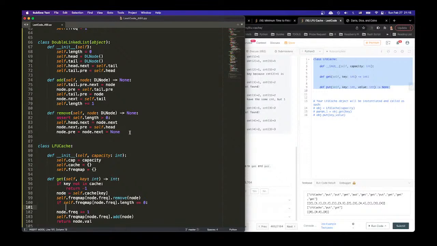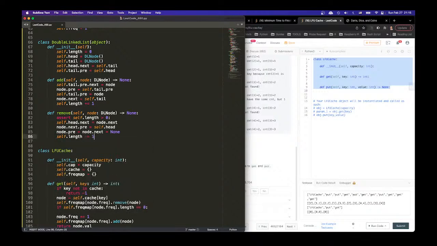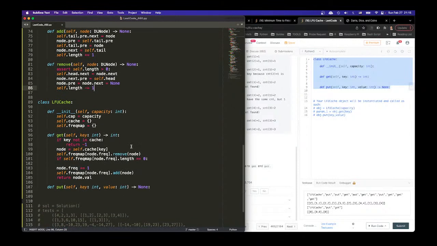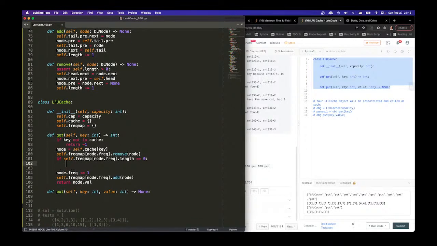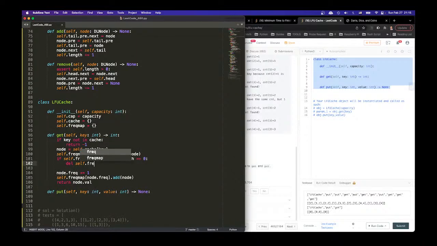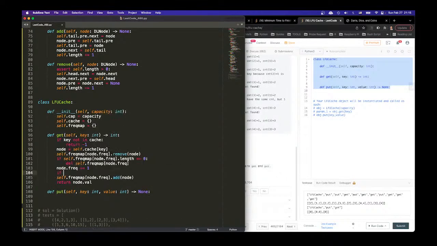Oh, I forgot the length. My bad. I have to do the length. So we say if the length is 0, then we just say del self.frequency_map.frequency.